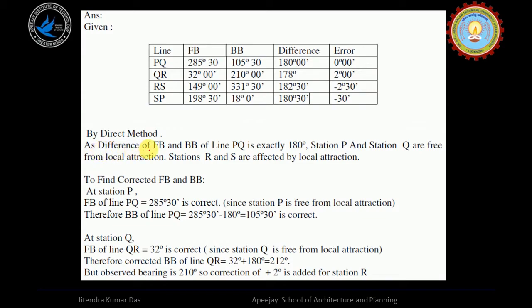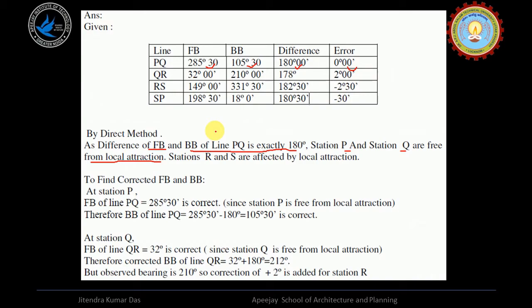Here by the direct method, as the difference of the forward bearing and back bearing of a line is exactly 180 degrees, station P and station Q are free from local attraction. Here see, line PQ, forward bearing is this value, back bearing is this value, and the difference is 180 degrees. So there is no error. I already told you we have a universal formula: forward bearing minus back bearing equals plus or minus 180 degrees.